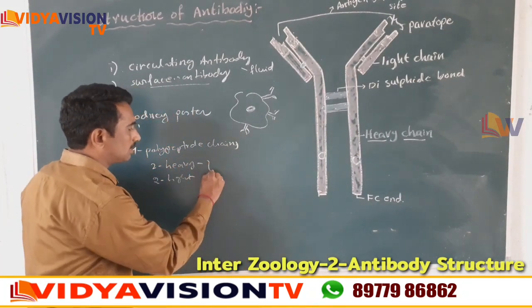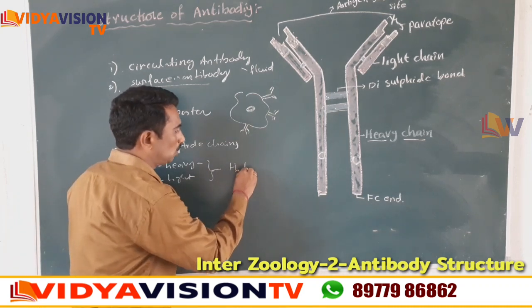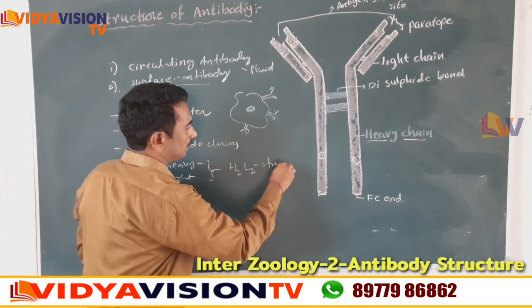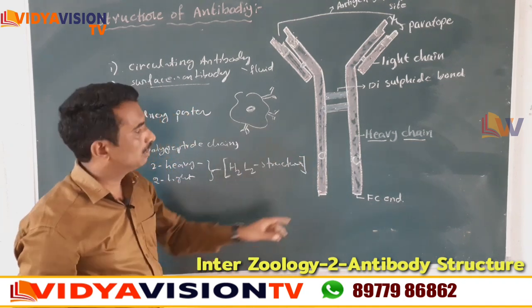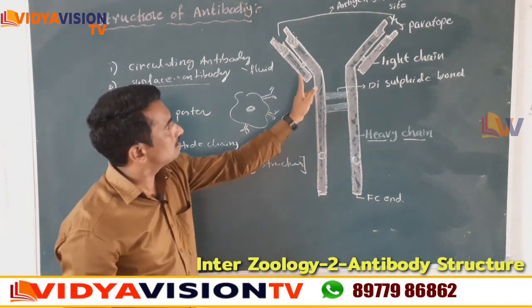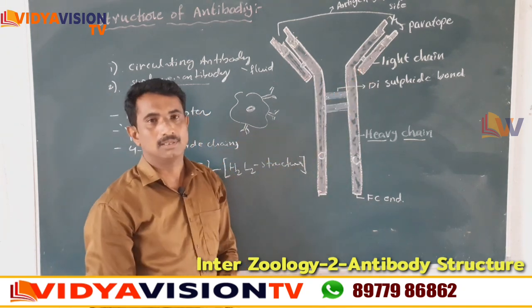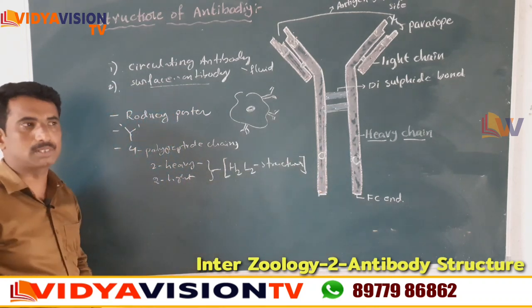That's why the structure of antibody is H2L2 structure. Children, it is very important. H2 means 2 heavy chains, right? Then L2 means 2 light chains. So that's why the structure of antibody is called an H2L2 structure.